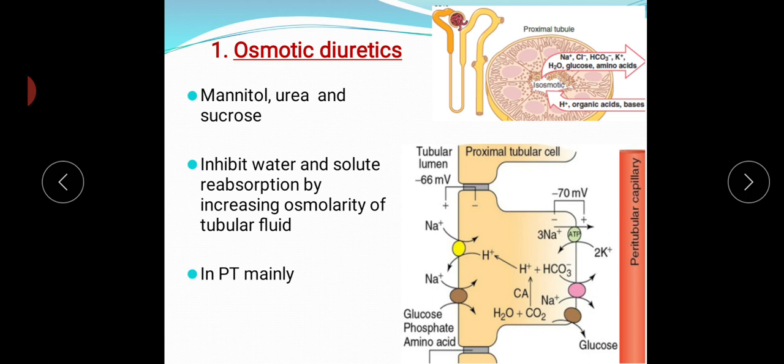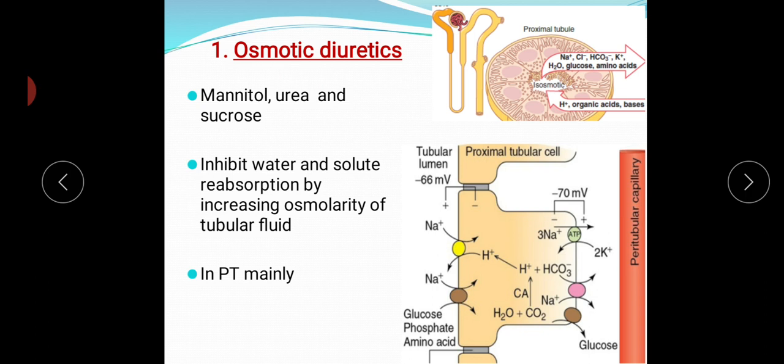One example is glucose. Glucose is 100% reabsorbed from the proximal tubule. But if a person has severe diabetes mellitus, whose blood sugar is more than the threshold level, more than 200 milligram per deciliter, then that extra glucose beyond the threshold will not be reabsorbed from the proximal tubules or the nephron.